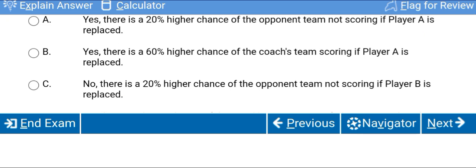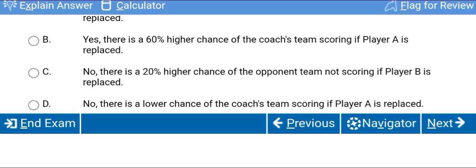Option B, yes, there is a 60% higher chance of the coach team scoring if player A is replaced. Option C, no, there is a 20% higher chance of the opponent team not scoring if player B is replaced.